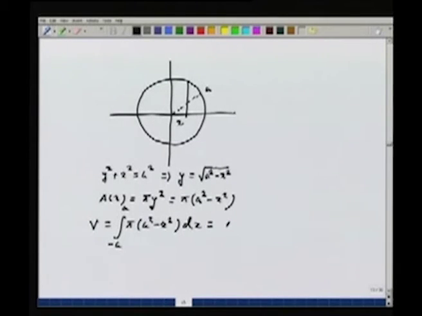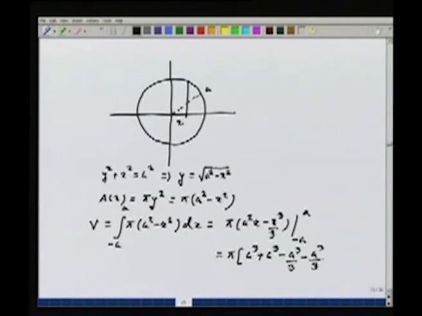So we calculate this: it is pi times a square x minus x cube by 3, from minus a to a. If I put it in, I get pi times a cube plus a cube, minus a cube by 3, minus a cube by 3.